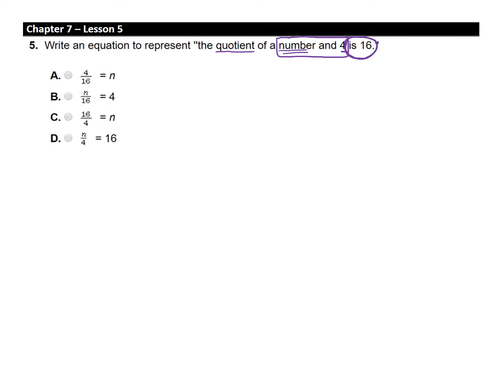So I'm looking for one of my answer choices that must have equals 16. So when I look down here, fortunately for us, there's only one choice that says is 16, okay? So the answer is going to be D. And in fact, it does say a number and 4, so that makes sense.